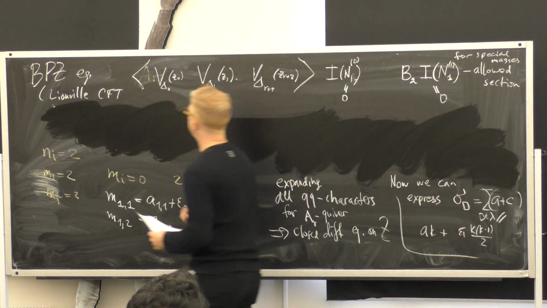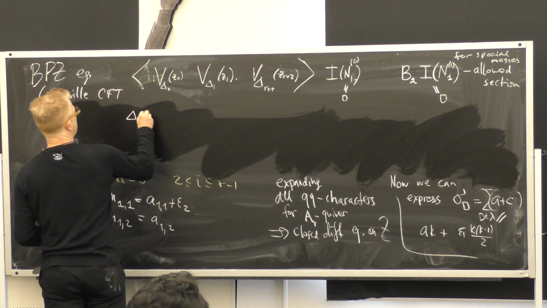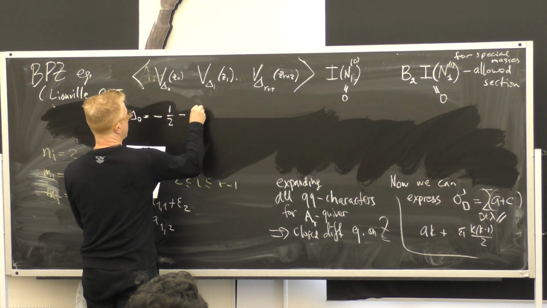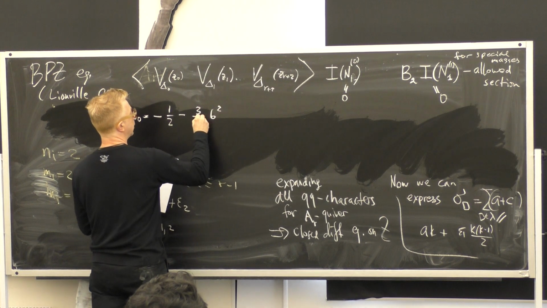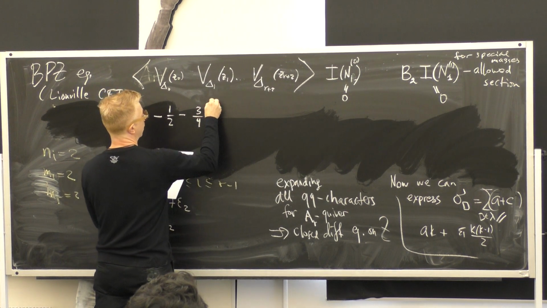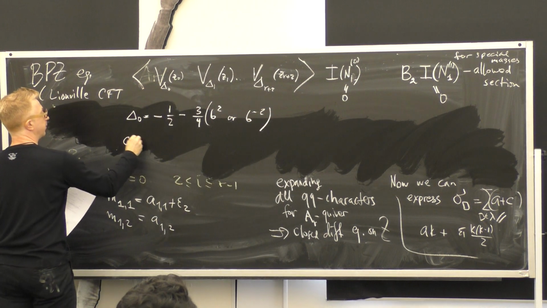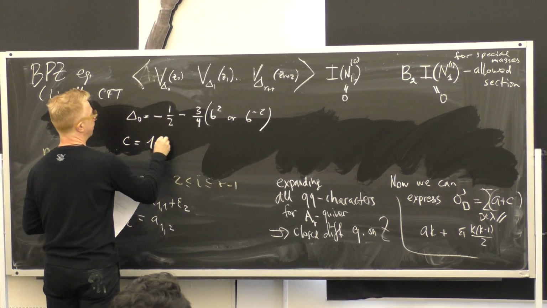So for delta 0 equals minus a half minus 3/4 b squared, or b minus 2, where b is determined through the central charge.